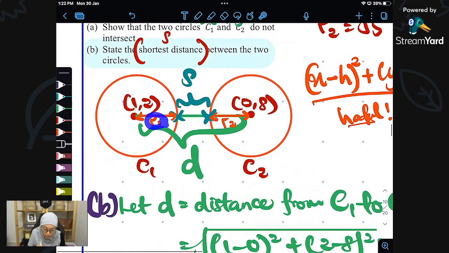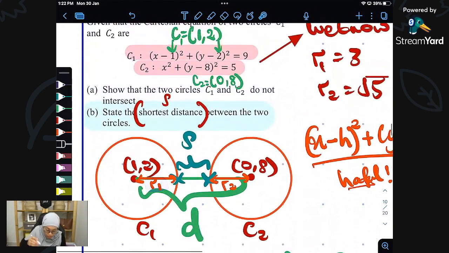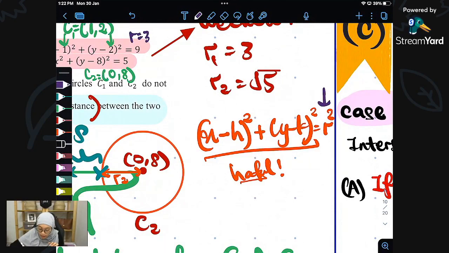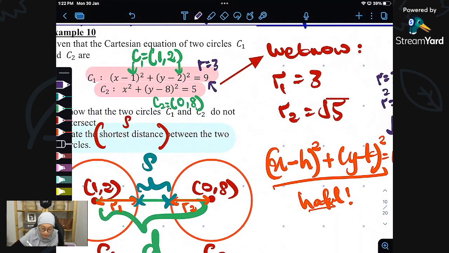And so here we go. We already know that the radius 1 is 3. How do I know? Because from this formula, it says that r squared is equal to 9, therefore r is equal to 3. How about this one?